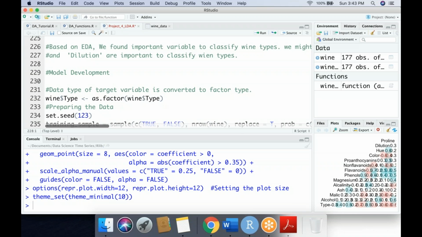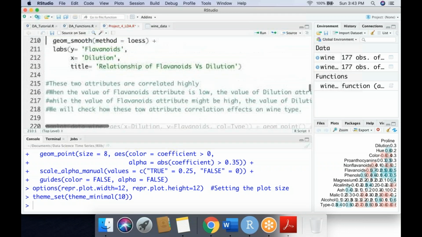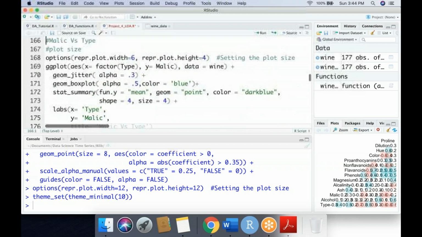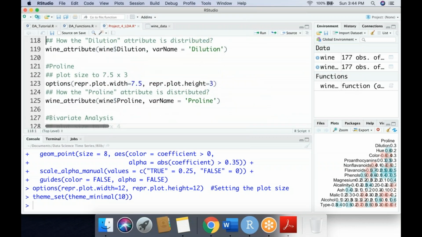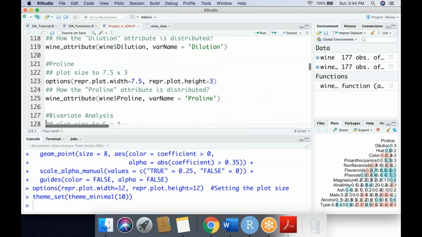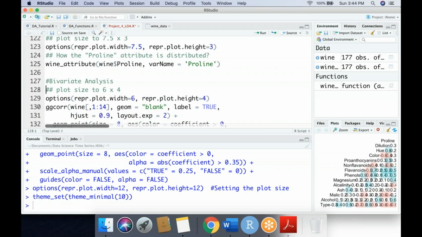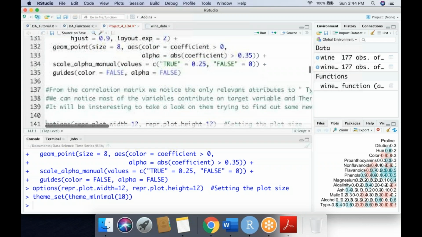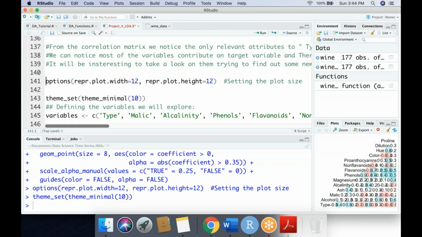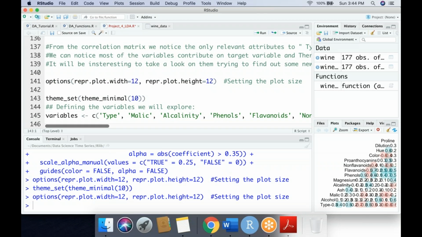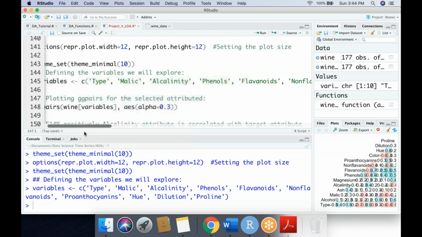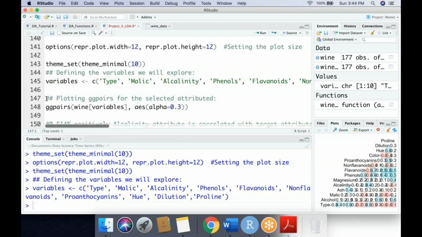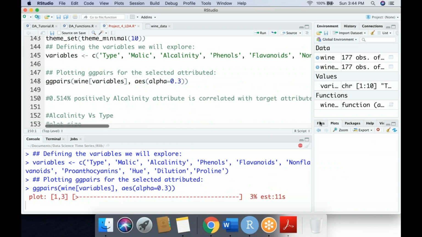I'll start running it. Here we are just selecting the variables we have talked about, and then we are trying to create a GG pair plot to see how they are contributing.